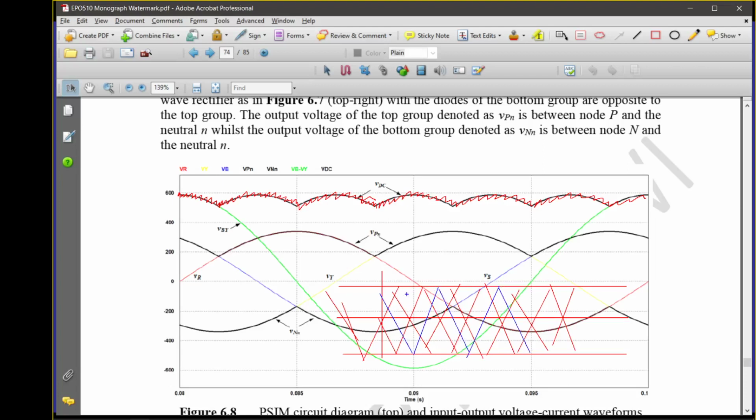You must follow this, and the inverting version of that, the mirror image of that triangle. Okay, and then you connect the tips of the triangles. Just connect the tips of the triangles, and in the bottom group as well. Okay, and then you just pull that, so you can get the line to line voltage. So that becomes V line to line.